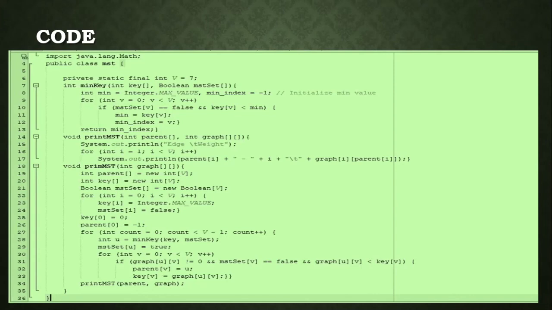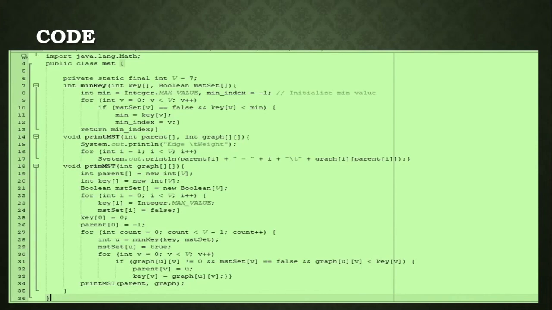You can see key I equals integer dot max value. Initially, we put the weight value, that means the key value, as infinity, and the MST set is false because none of them are on the MST set at first.